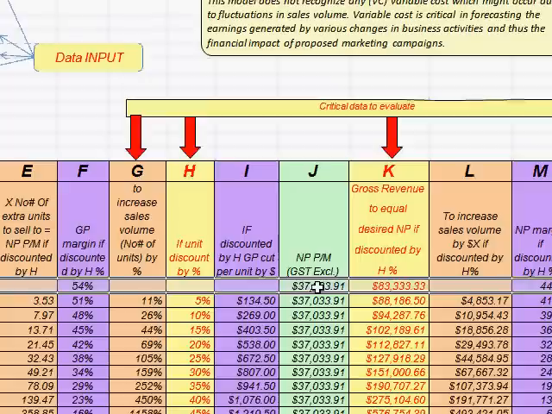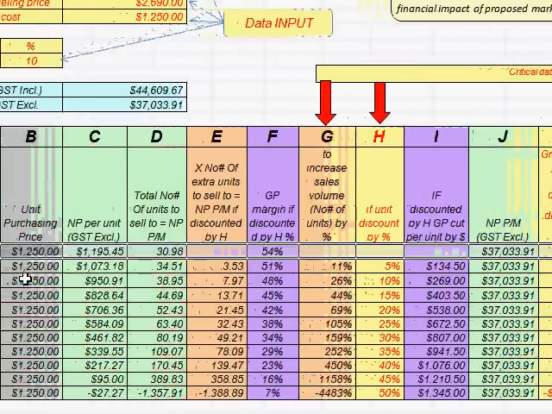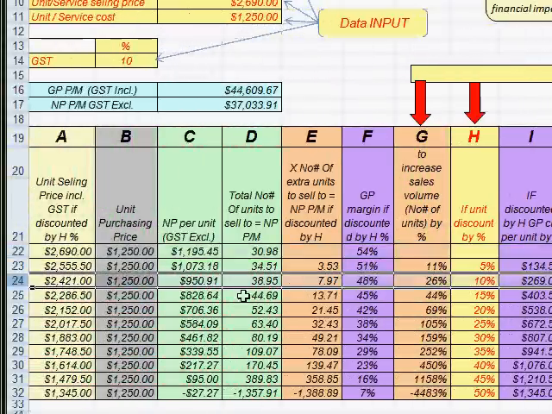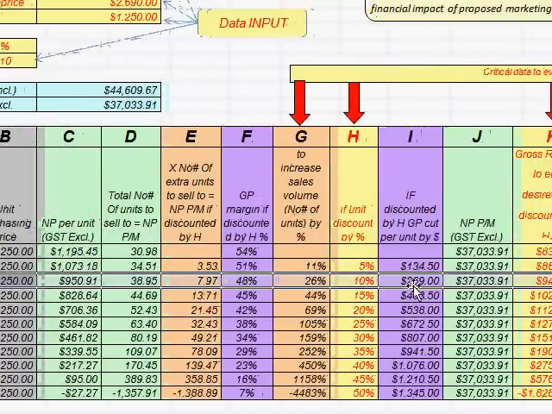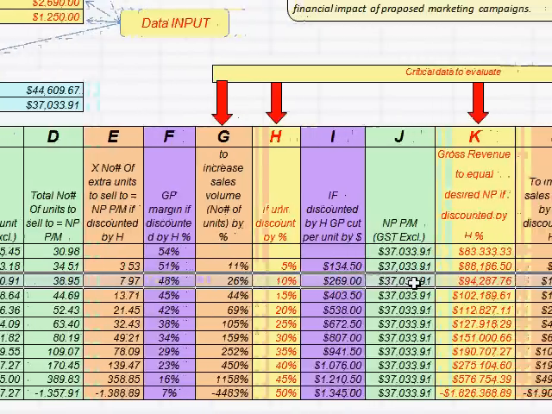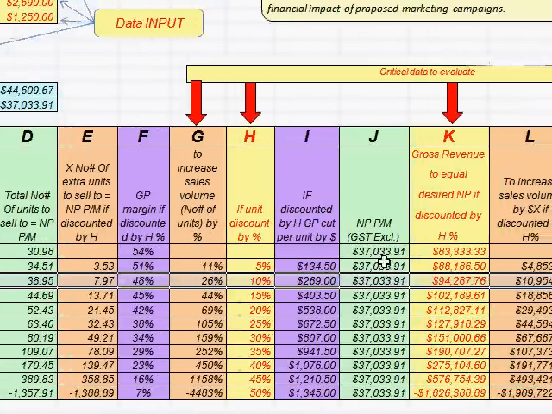We might think about having a price adjustment, and let's say for this instance that we are thinking about dropping our price by 10% in order to gain some more business. As you can see in this column here, we are still supposed to get at least $37,000 for that particular month, not less.